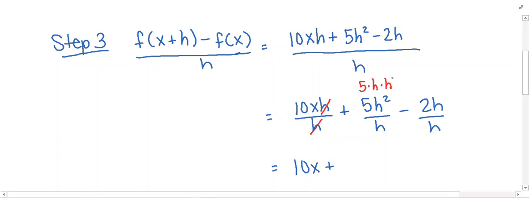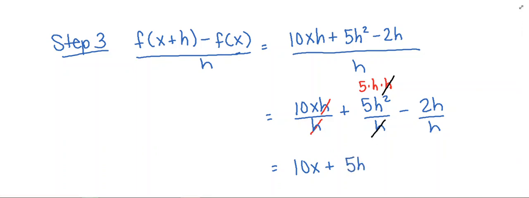So one of the h's here will cancel with the h in the bottom. So you're going to be left with plus 5h. And then on the last term, you see an h in the top and an h in the bottom. So h divided by h, those guys will cancel out and you will be left with minus 2.